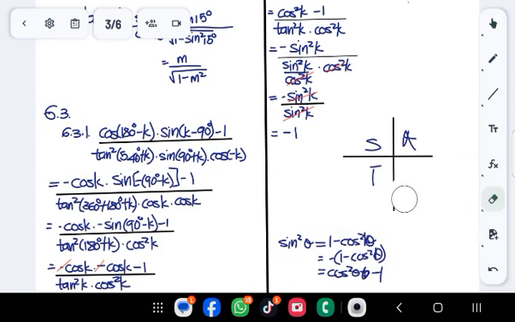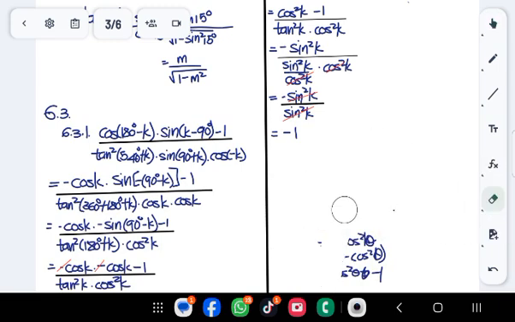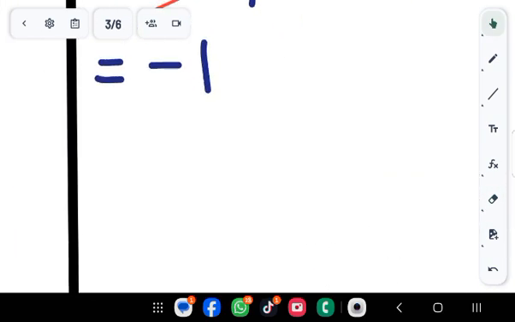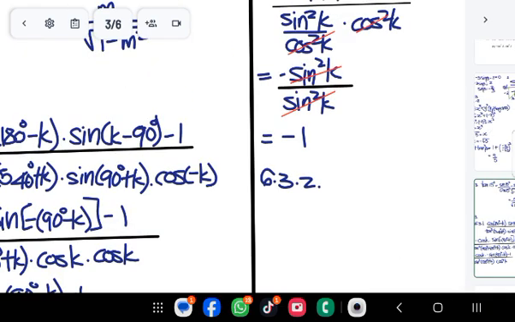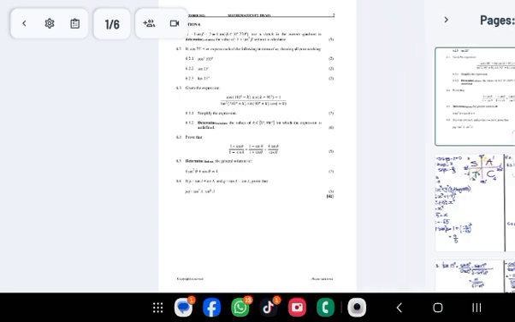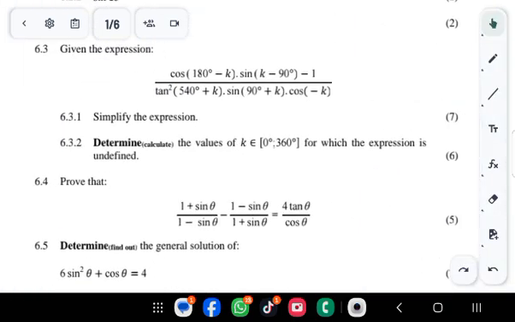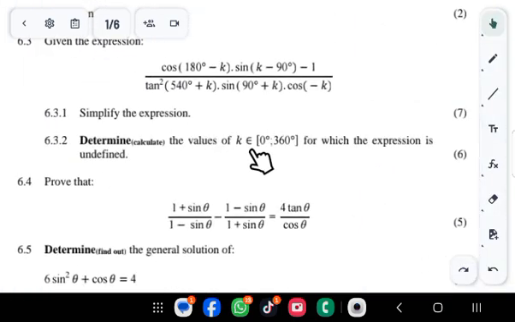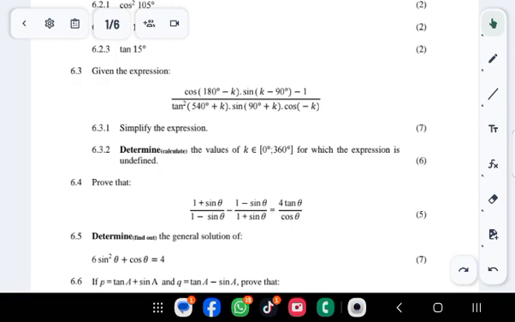So next question, 6.3.2 goes, determine or calculate the value of k, an element of 0 to 360, for which the expression is undefined.